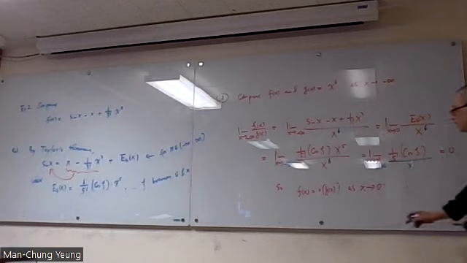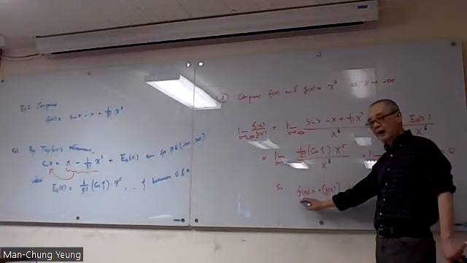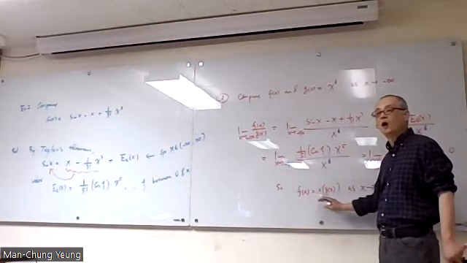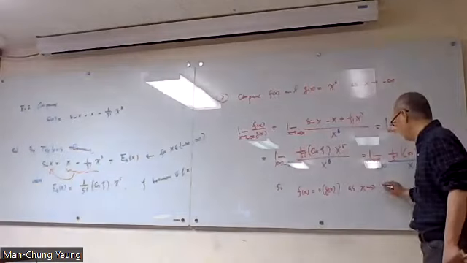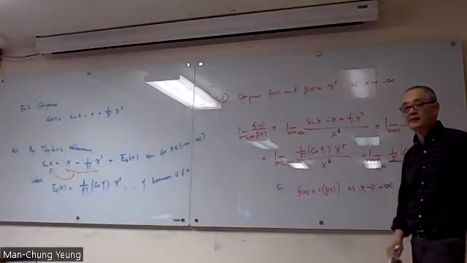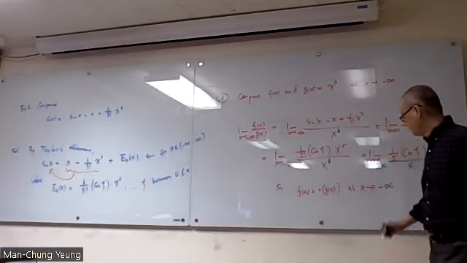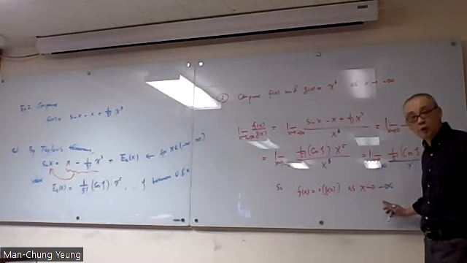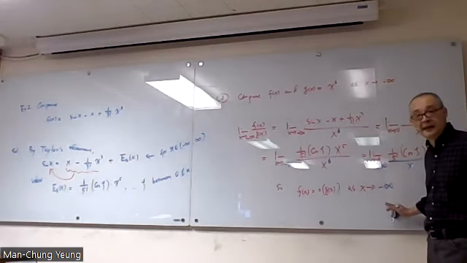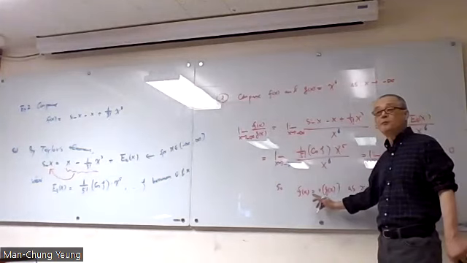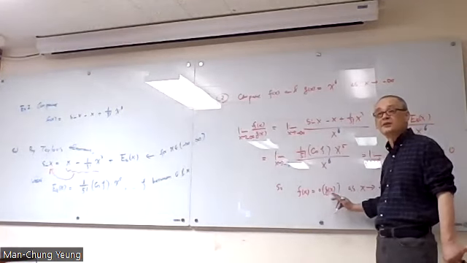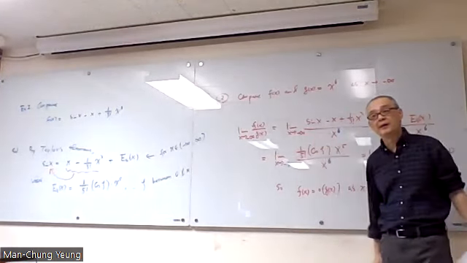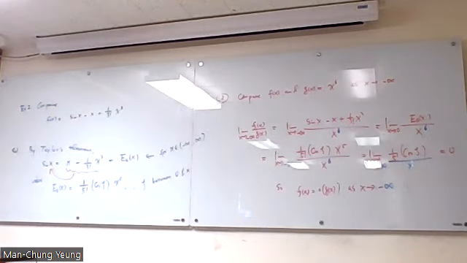Now I write this time: function f is little o of function g as x approaches negative infinity. That means when x is close to negative infinity, function f is much less than function g in absolute value. Little o, much less.